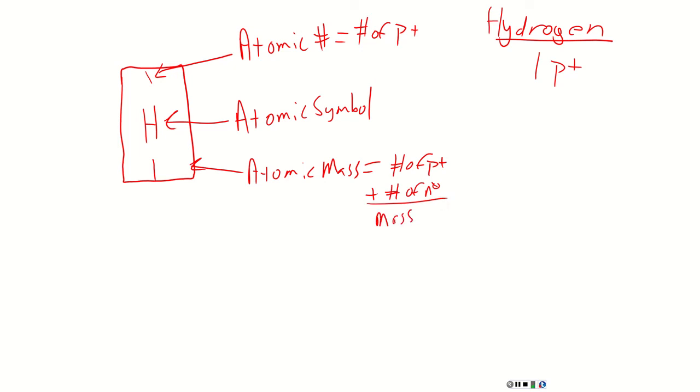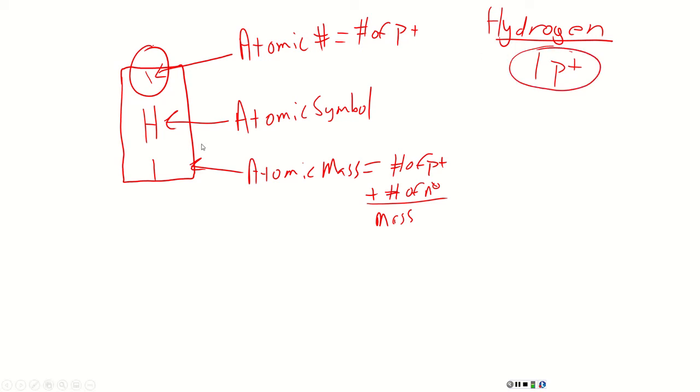All right, so if the atomic number tells us the number of protons, and the atomic mass tells us the number of protons plus the number of neutrons, if H is hydrogen, and hydrogen has atomic number 1 and atomic mass 1, how many protons does hydrogen have? Well, by definition, it has 1 proton. And that's what we have written over here.